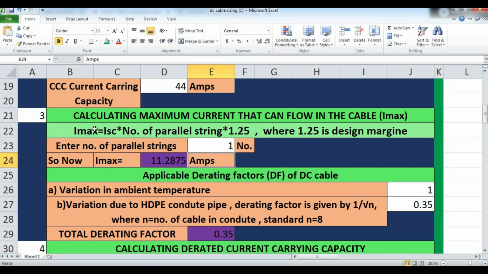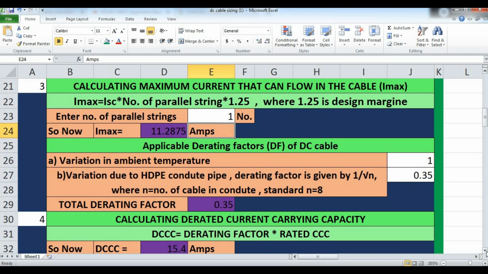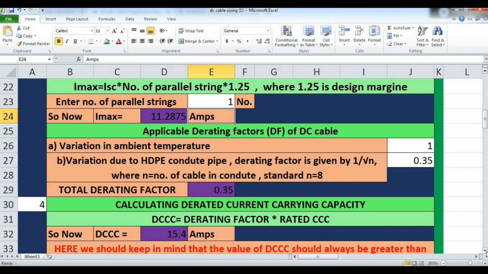Now, to select our DC cable size, we have to consider one more thing, that is our derating factor. So what is the derating factor? The derating factor depends on many parameters, like the physical parameters of the site. If there are high temperature conditions over there, it depends on that. At that time you have to calculate the derating factor, or nominally the formula for the derating factor is 1 divided by root n.